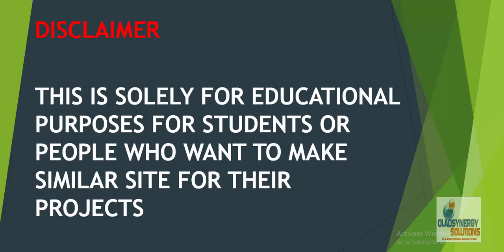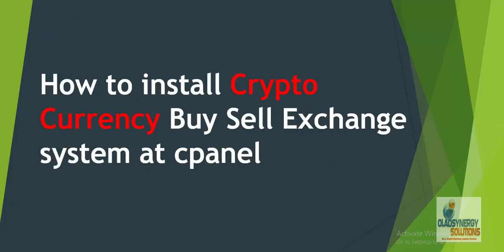Now in this tutorial, the first thing we are going to do is learn how to install this cryptocurrency buy, sell and exchange system at our cPanel. By now, I want to believe you know how to buy a domain and get hosting. You can buy a domain from Namecheap, you can buy from Bluehost, you can buy from different platforms.